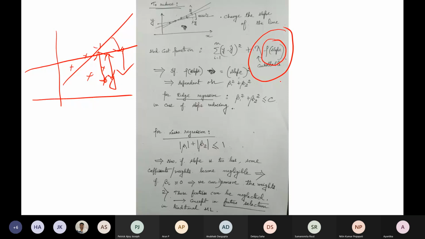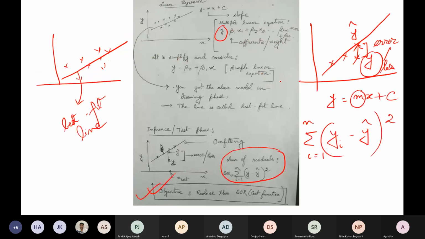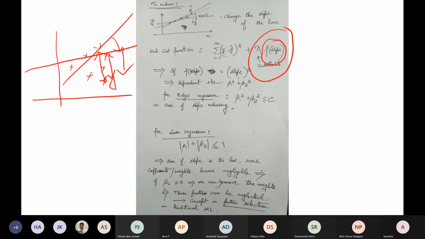Now you see this multilinear equation once again. When we are talking about the slope, this slope depends on these coefficients, beta 1, beta n, etc. That means whenever you are modifying the slope, there is some modification in beta 1, beta 2 and their relations.